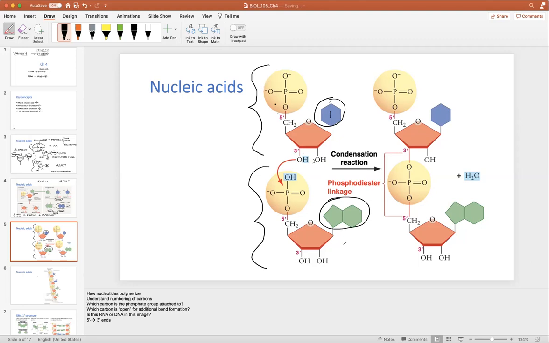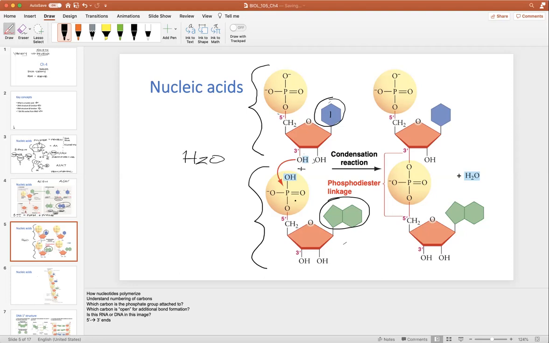So what's going to happen is, you see we have a hydrogen on this 3' OH group, and it's going to bond with an OH here. See how this is negative? So it's going to draw a hydrogen from the solution, the water solution around it. Okay, so you're going to take a hydrogen from here and an OH from here, and that's going to end up being H2O.